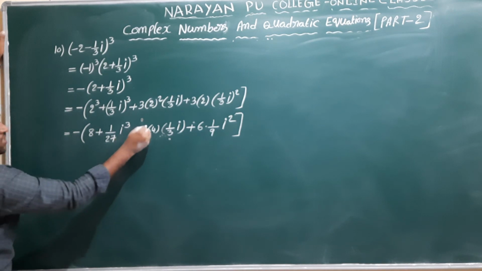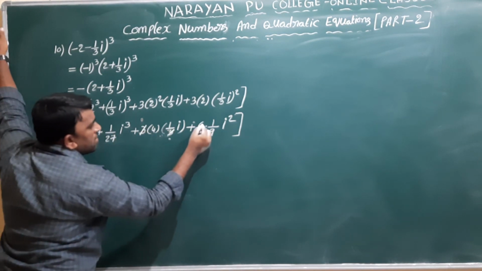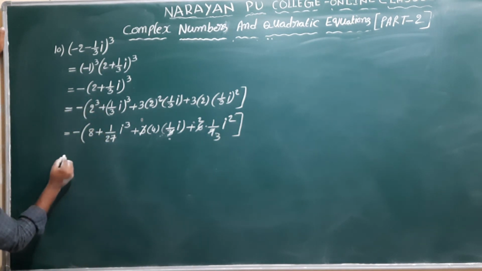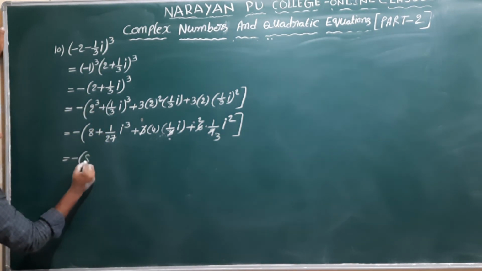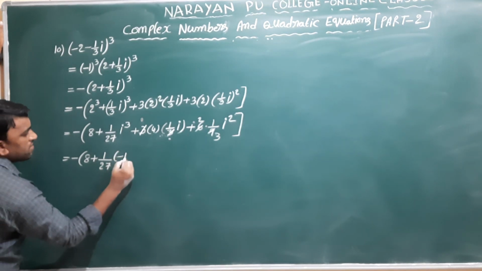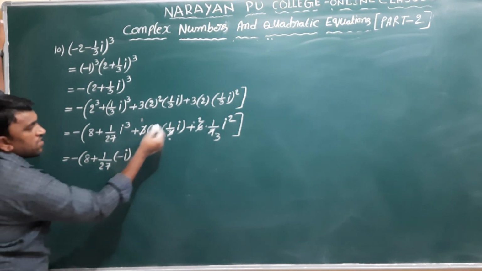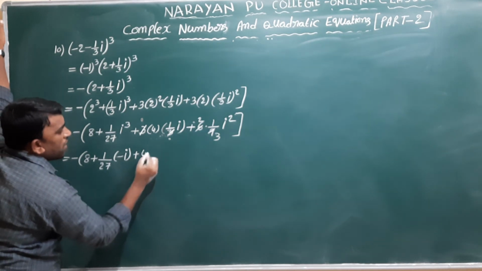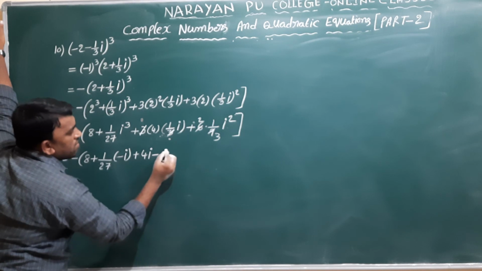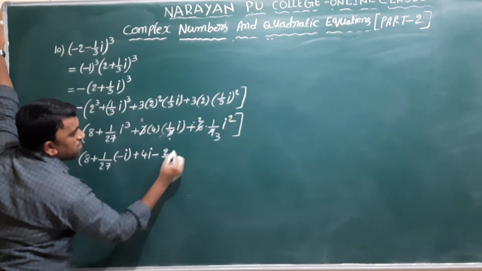So here 3 will be cancelled. 3 into 2 is 6, 3 into 9 is 3. Minus of 8 plus 1 by 27, i cube is minus i. So here it is 4i. I square is minus 1, minus 2 by 3.